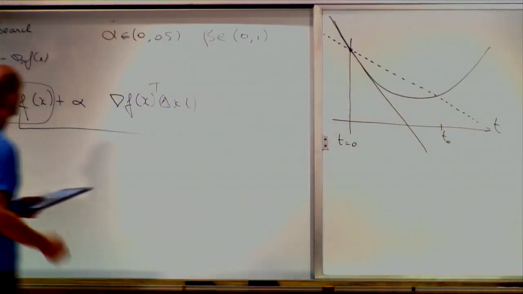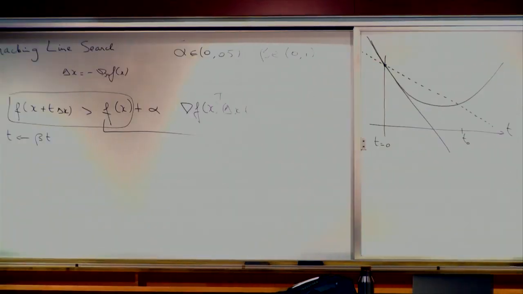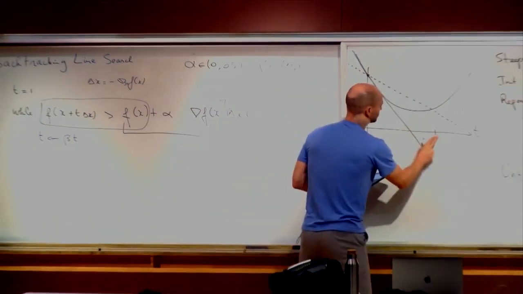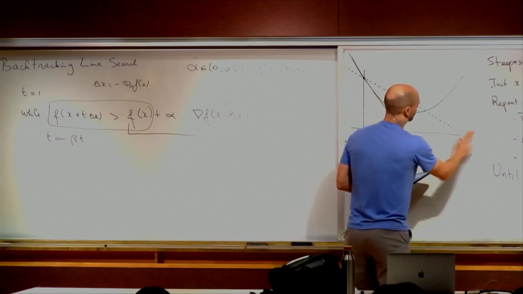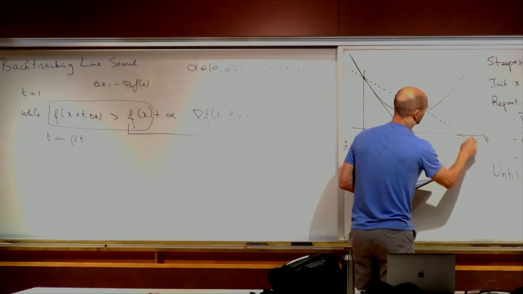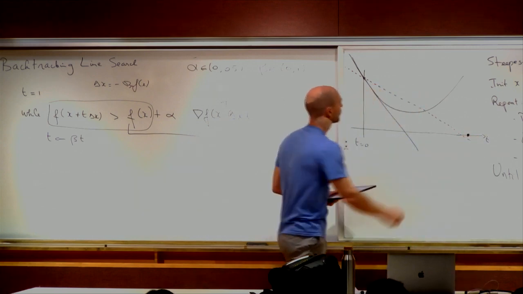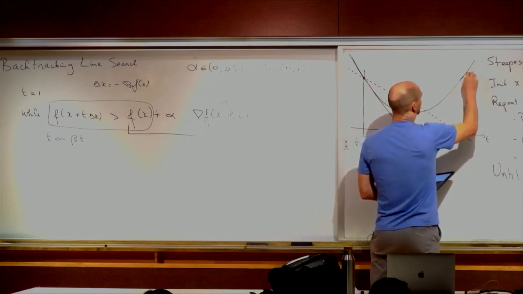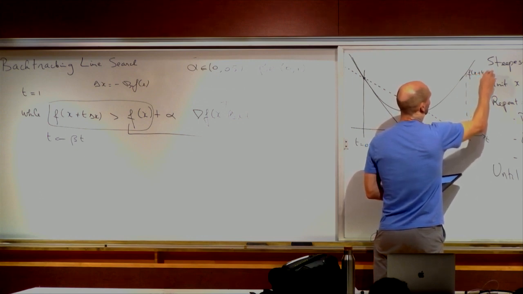And now what we're saying with this condition is that we want it to be the case. So let's pick some value and see if we exit or not. I'm going to pick something far out first, so we might have a higher chance of having to backtrack. So let's say we pick this one over here. That's our t. We're going to look at f of x plus t times delta x.